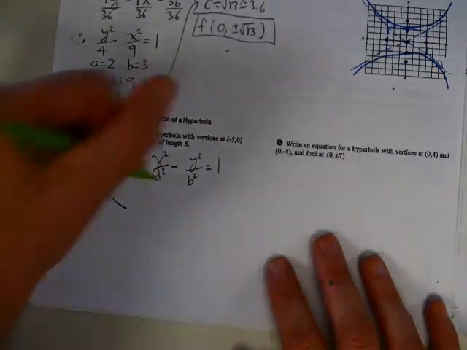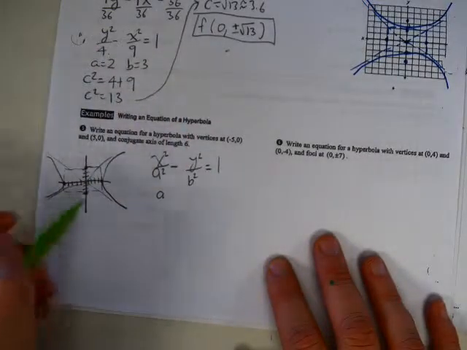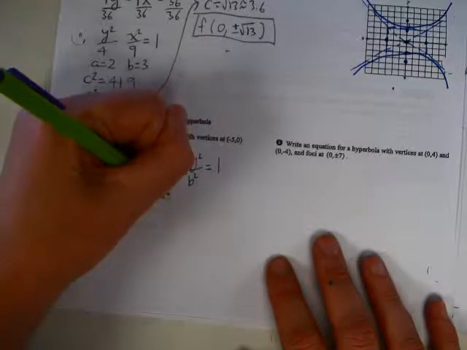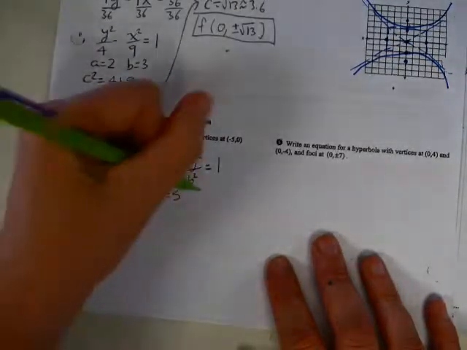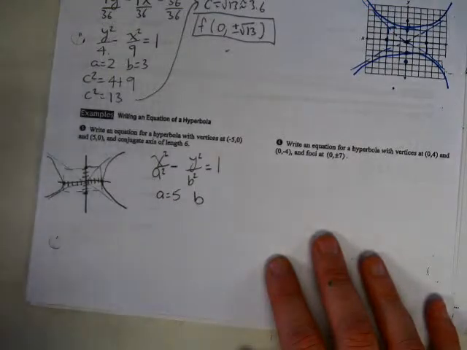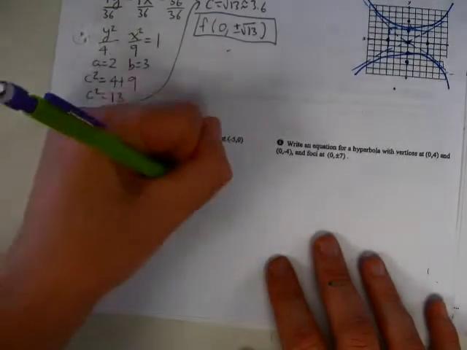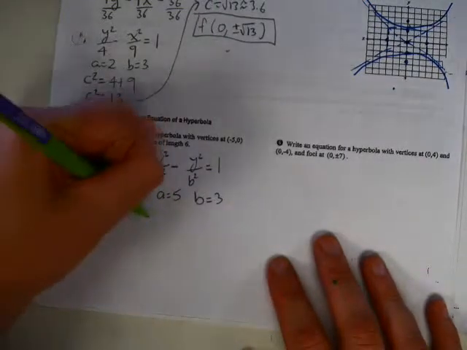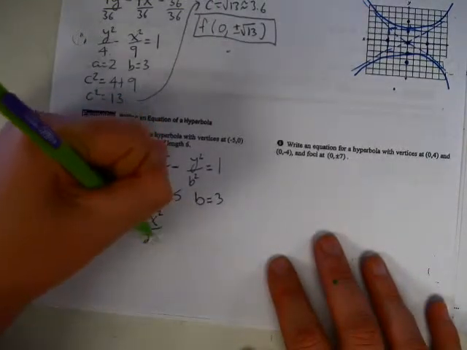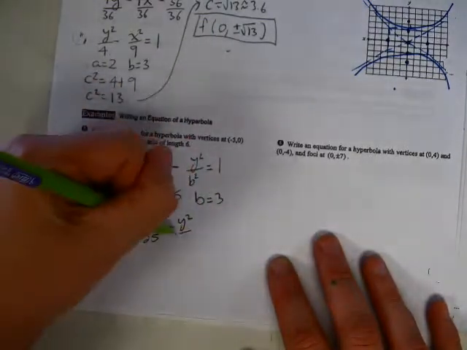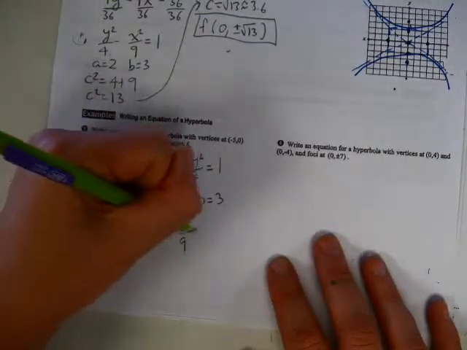Okay, and I know that A is 1, 2, 3, 4, 5, and B is 1, 2, 3. And I can just plug those right in. X squared over 25 minus y squared over 9 equals 1.